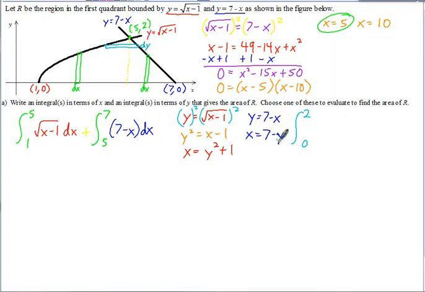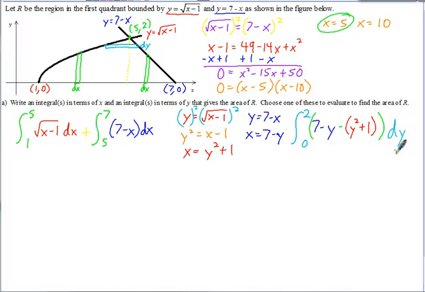So that one is the 7 minus y. And then minus the one further to the left, which is y squared plus 1. You notice everything's in terms of y. So put it in parentheses, and then the whole thing times dy. That would give us the same answer as those two separate integrals using dx added up.